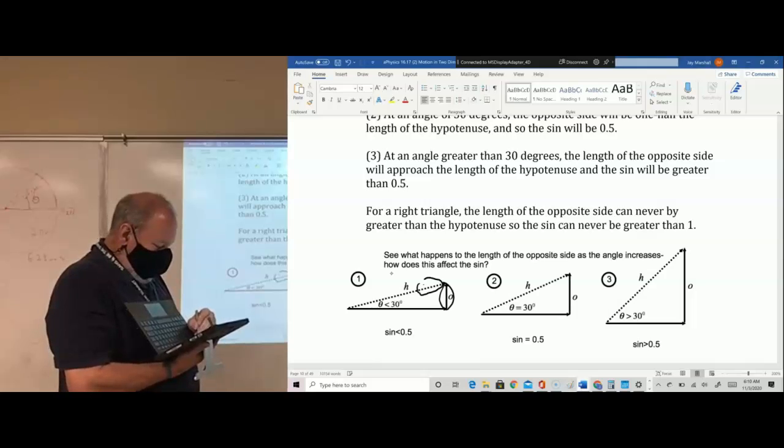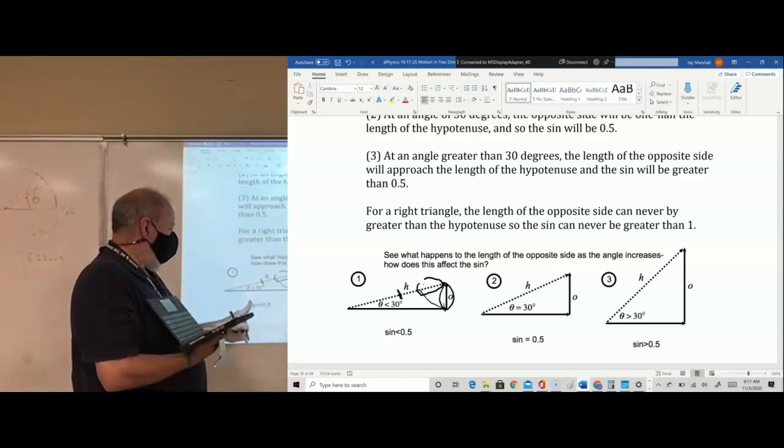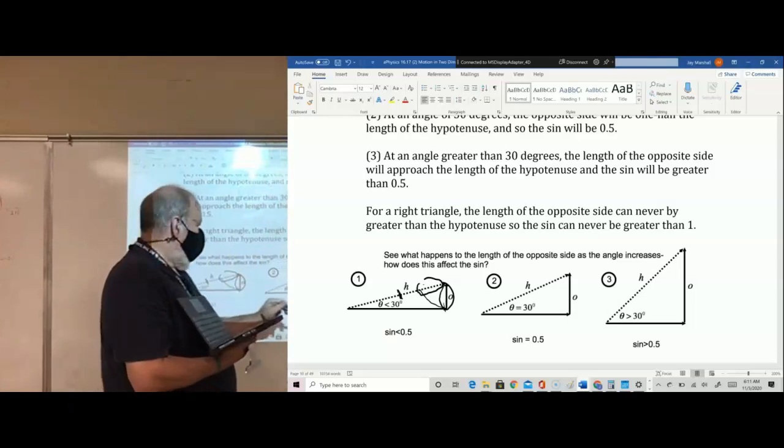If I moved this over here, I would find out that the length of this opposite side is less than 1/2 of the length of the hypotenuse. Okay, so if my angle is less than 30 degrees, then I'm going to have a sine of less than 1/2.